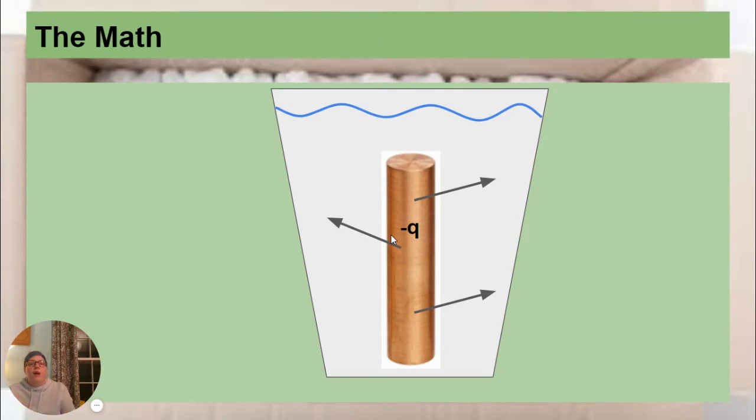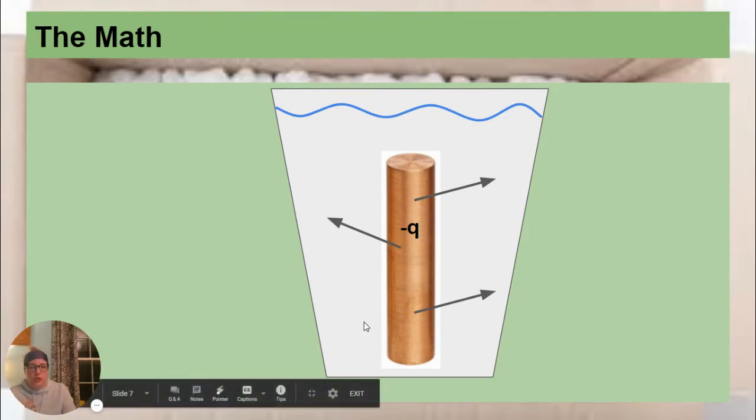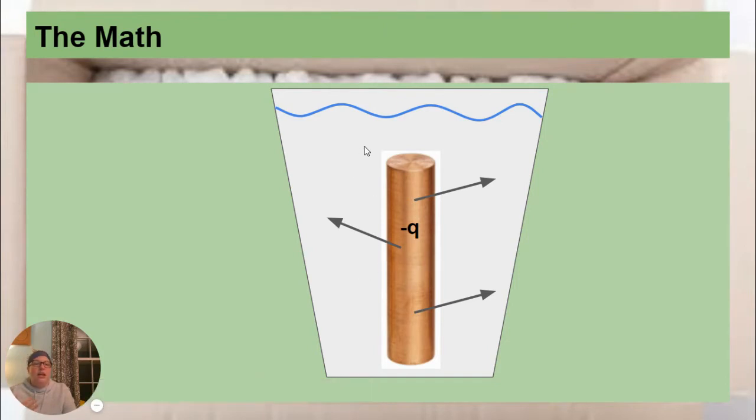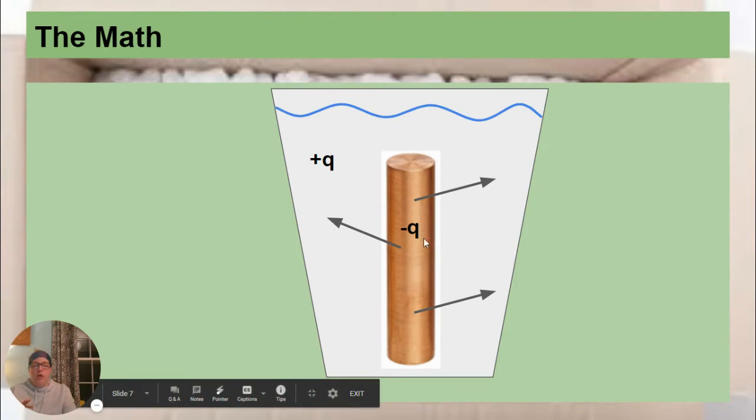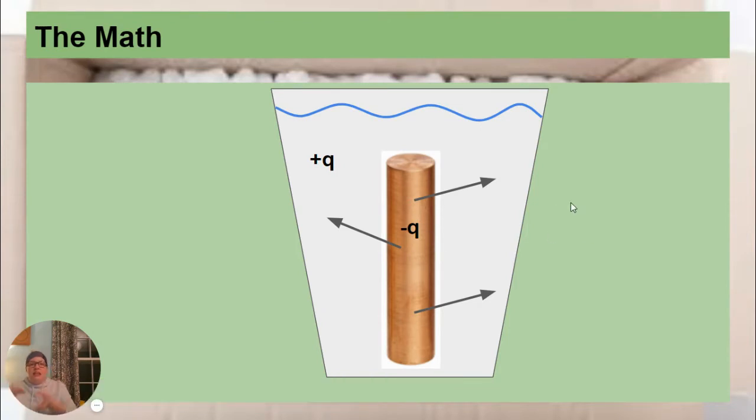Now what we are going to do to figure out information about this piece of metal is look at what is going on with the water, because the water should have gained whatever energy is coming out of this cylinder in equal number of joules, but in opposite sign. So if the metal has a negative joule value, then the water has a positive joule value.